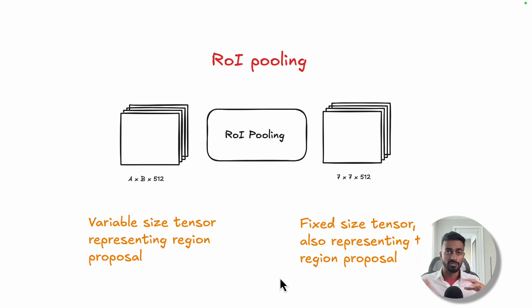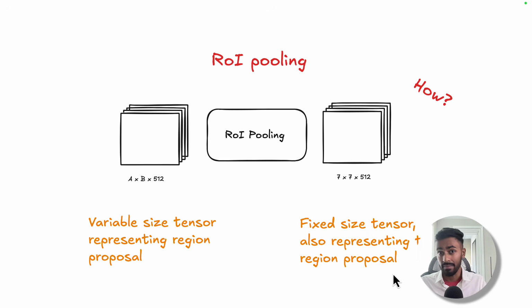Now that we understood the structure of RCNN, let's now go back to what I mentioned about RoI pooling. So we mentioned that RoI pooling converts the variable size tensor that represents a region proposal to a fixed size tensor that also represents a region proposal.